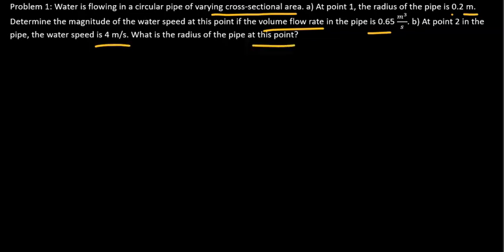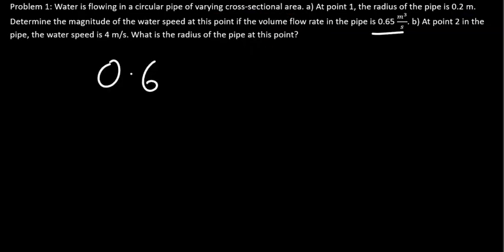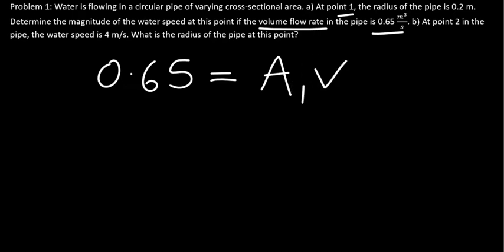So let's do part A first. We are given the flow rate. So the flow rate is 0.65. The volume flow rate is defined as the product of cross-sectional area and, if we are applying this to point 1, the cross-sectional area at point 1 times the speed of the fluid at point 1. Now we do know the radius of the pipe at point 1 is 0.2.